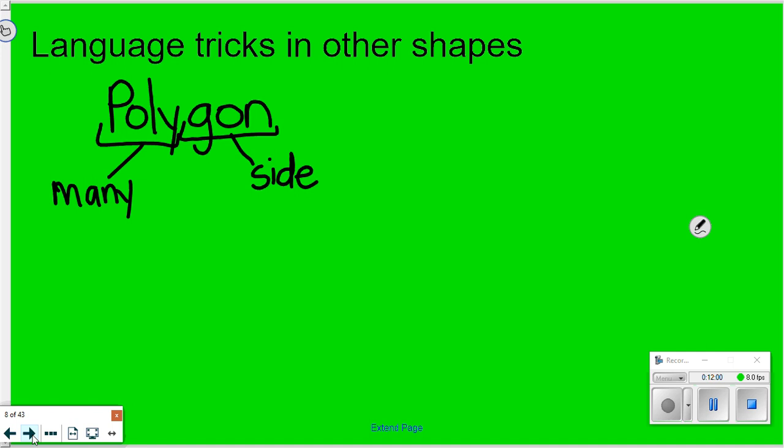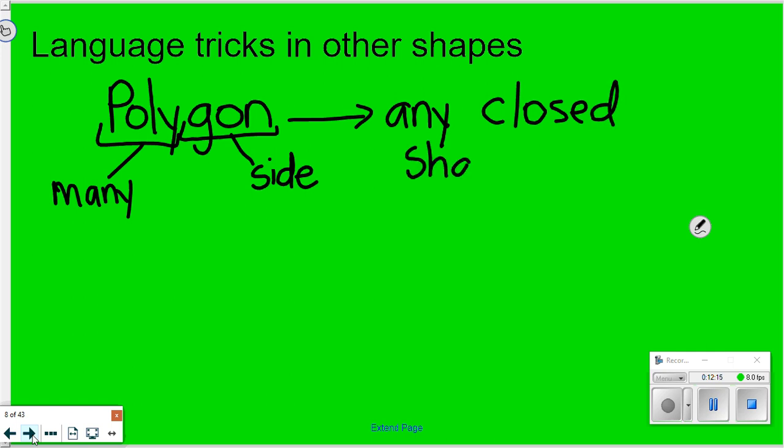Polygons have one rule. They have one rule. Has to be a closed shape. It can have unlimited amounts of sides. Write that down, please, Nicole. Unlimited amounts of corners.